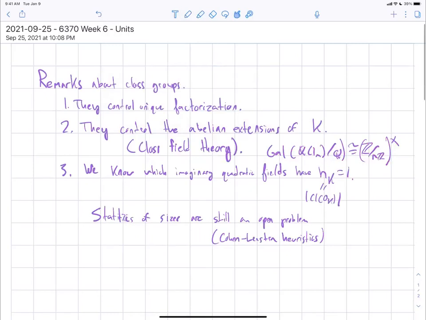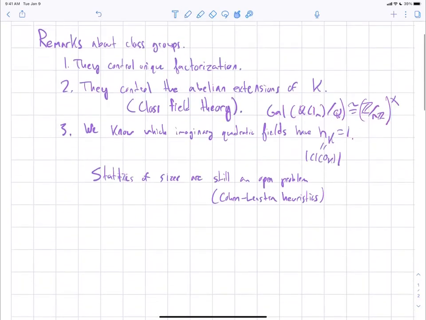Those are heuristics, not facts. So you could ask, what percentage of quadratic extensions of imaginary quadratic fields have 3 dividing the order of the class group? We know what should be true, but we don't have a proof for that.